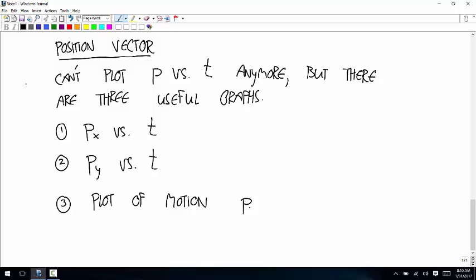And I'll write that as py versus px. That shows the path that the particle is following. Okay, so let me do an example and show you what these three look like.